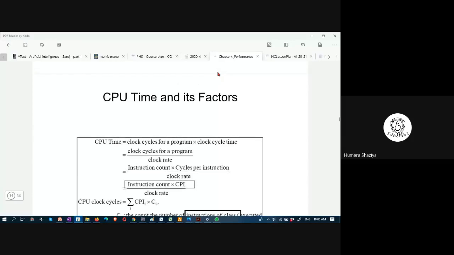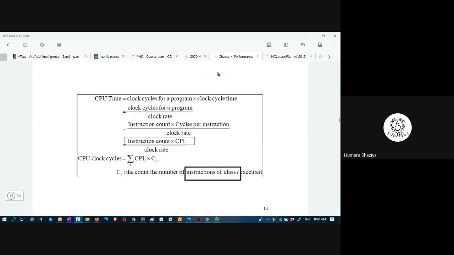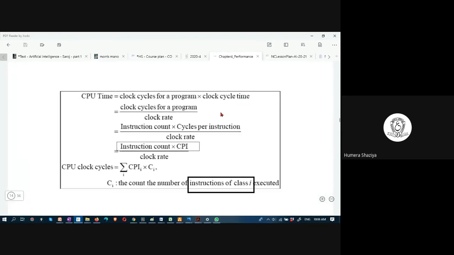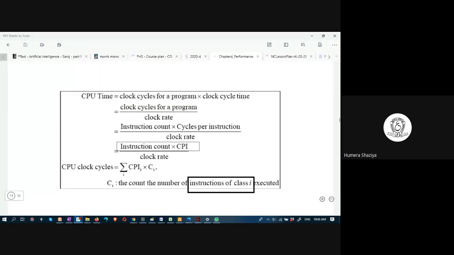The next topic is CPU time and its factors. What is CPU time? CPU time is equal to clock cycles for a program by clock cycle time.